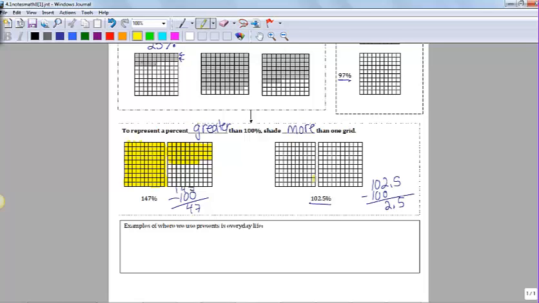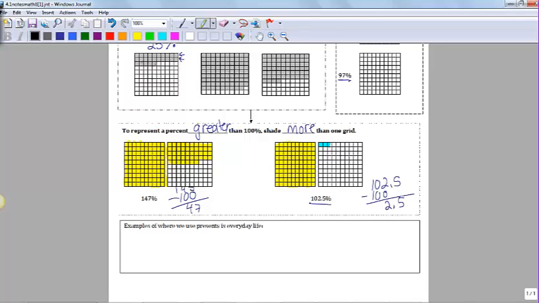So let's color in 100 squares, or a full grid. And then 2.5 left to go. So 2.5, I'd color in 1, 2. Now 0.5 as a fraction is the same as half. So there's half of my square.